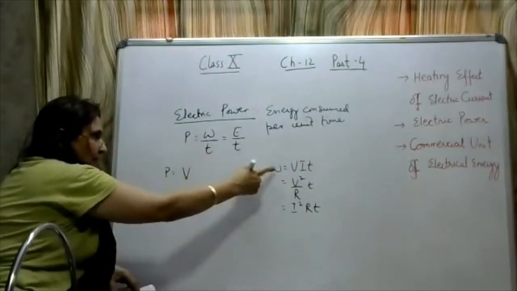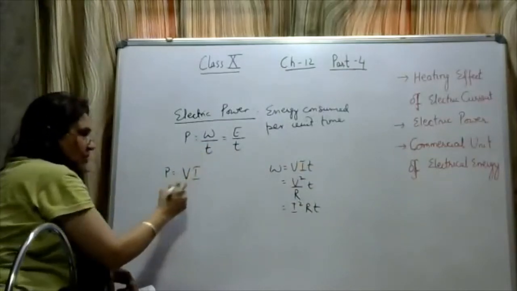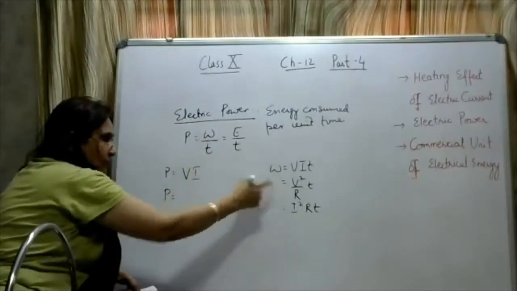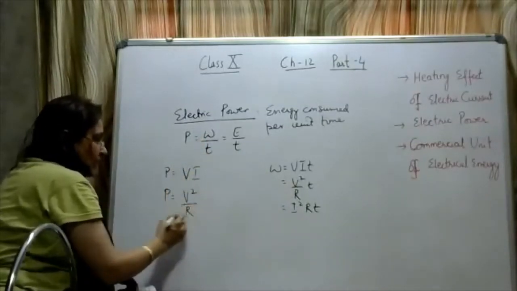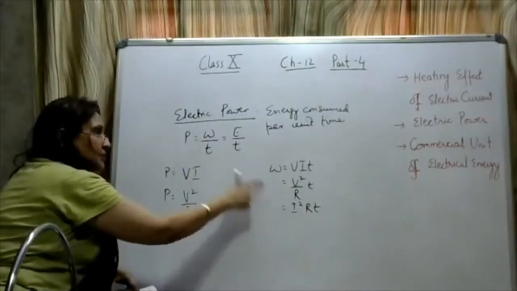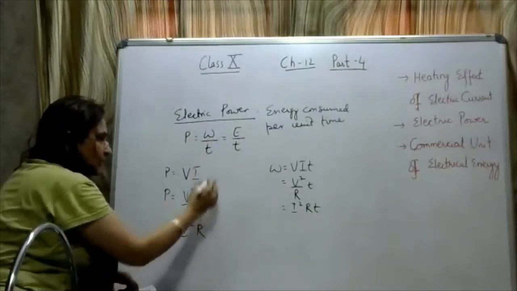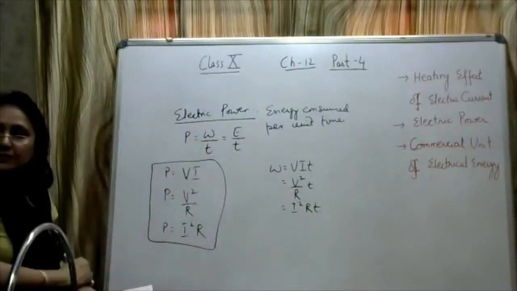Electrical power is equal to V into I into T upon T, we get V into I. The other expression, V square upon R into T divided by T, so we get V square upon R. And the next expression, I square R into T upon T, we get I square into R. So these are the various expressions of electric power.